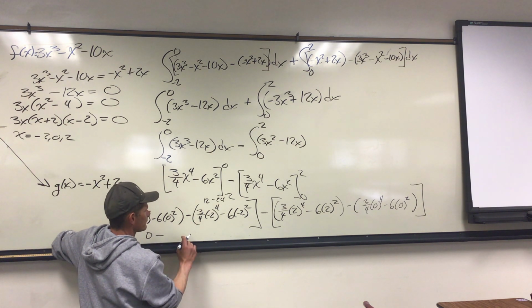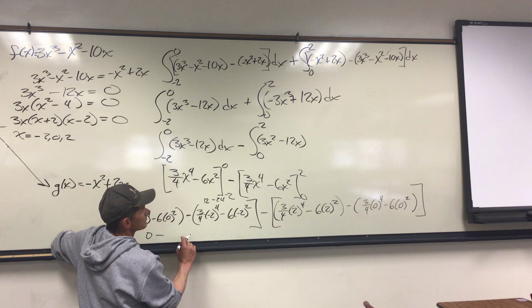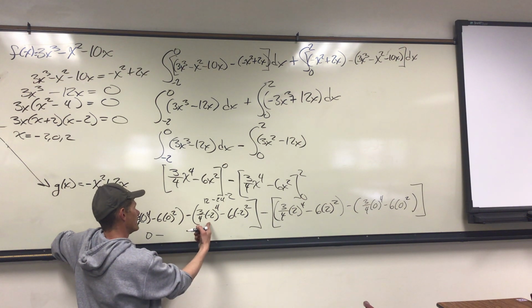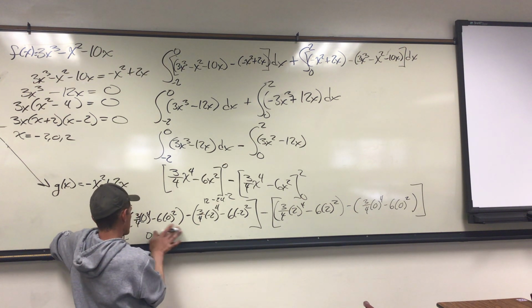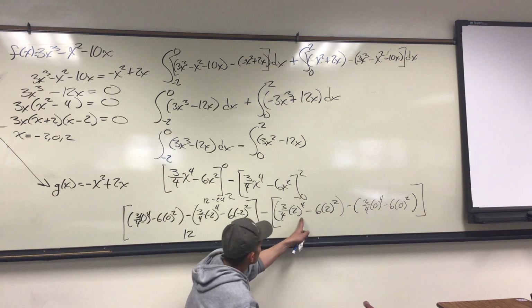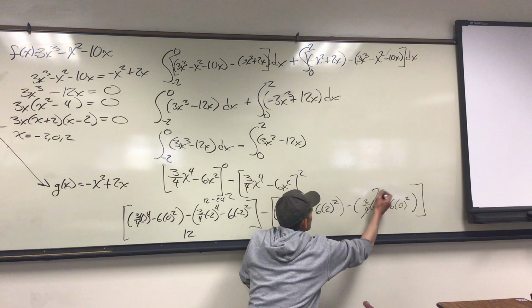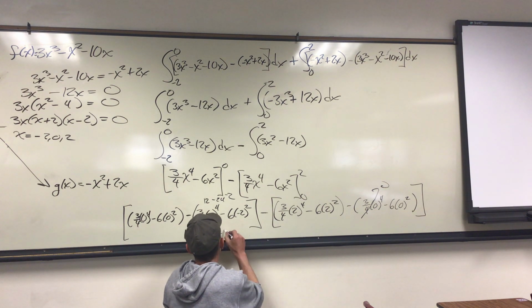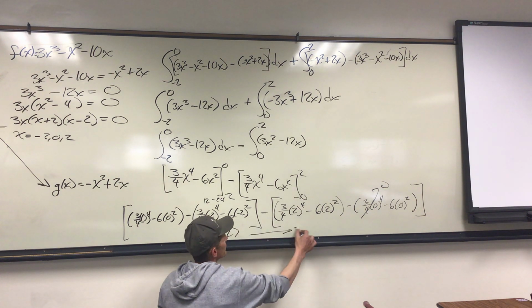Uh-oh. Let's just keep going. 0, what did I say this was? Minus 12. 0 minus minus 12 is a positive 12. Oh, this will work out nicely. This one goes to 0, and this we just said is minus 12, so we have 12 minus a minus 12, and then 24.